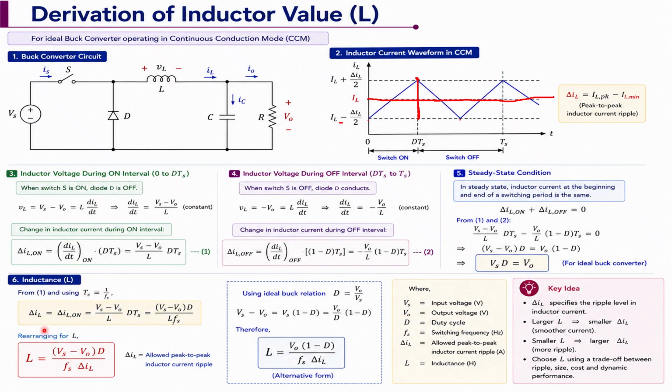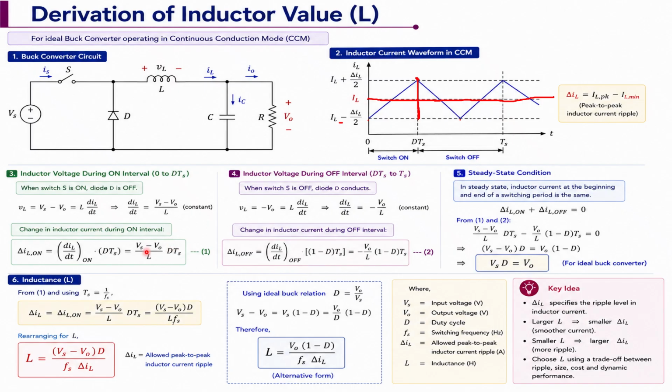Now, for finding the value of inductance, this delta IL is equal to delta IL in the on condition. Delta IL in the on condition, that is the inductor current, is Vs minus V naught by L into dTs.